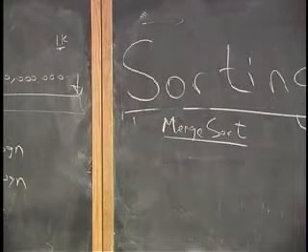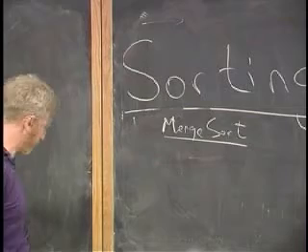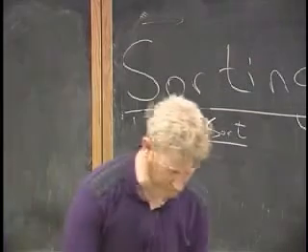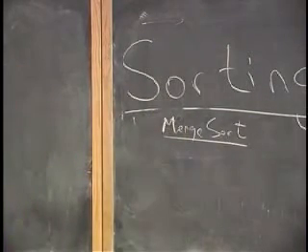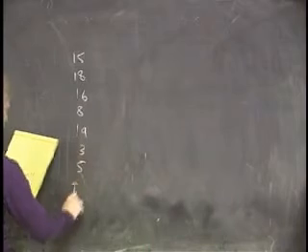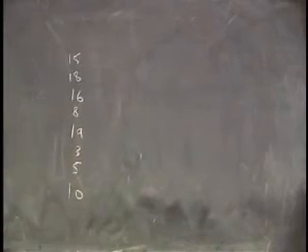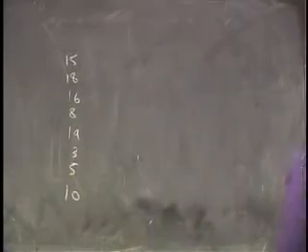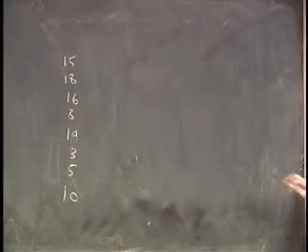Let's think about this. Now we need to see an example. You all remember merge sort, I know, but just in case, here's a quick review of merge sort, and let me tell you where we're going.